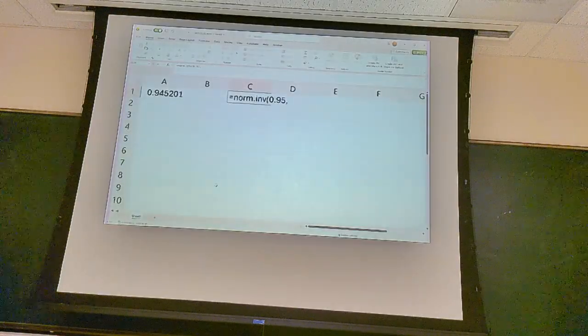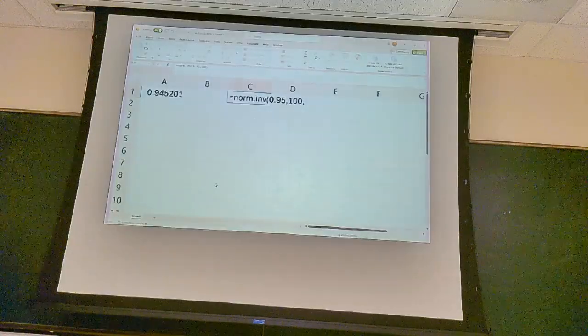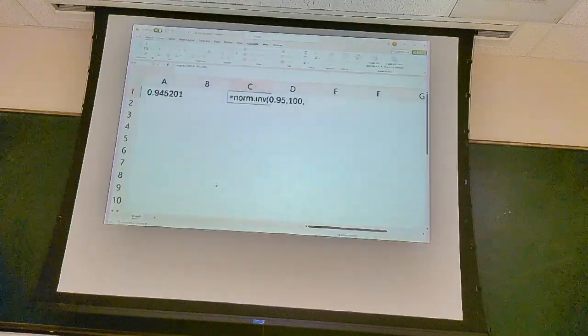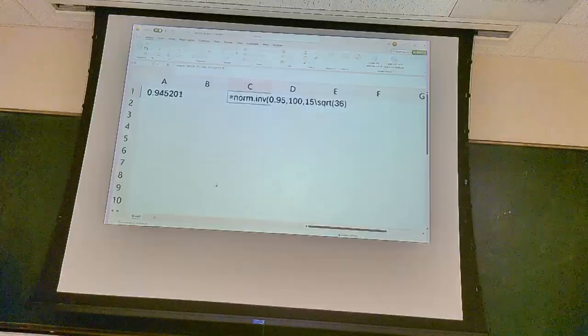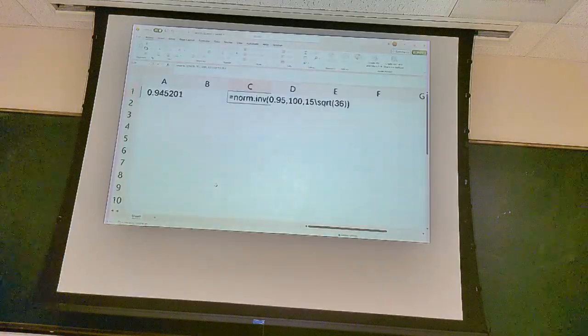The mean is the same, 100, and the same deviation: 15 divided by square root 36.